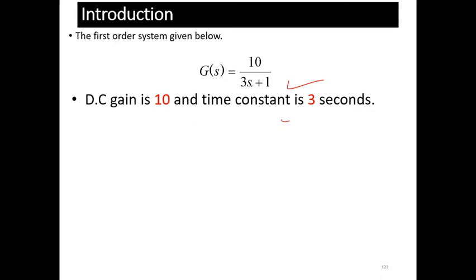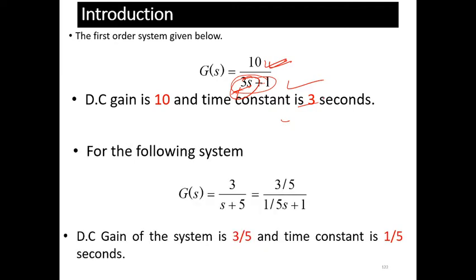At the steady state value, by applying the final value theorem, the denominator has 1/s, which becomes infinite, so that term becomes 0. The DC gain becomes 10, and the time constant from τs+1 is 3.